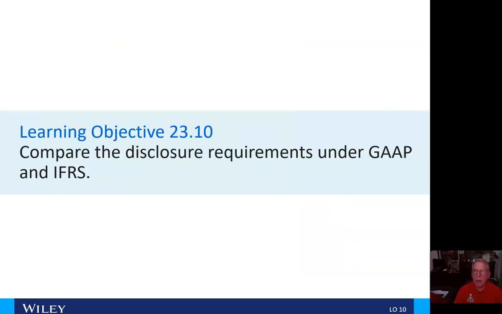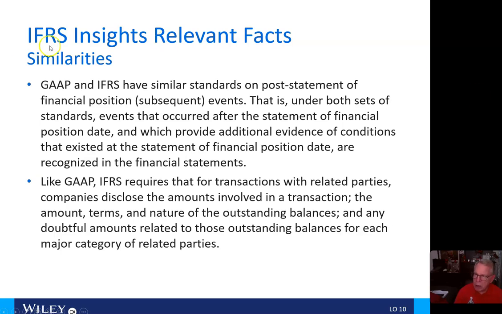All right, let's take a look at comparing disclosure requirements under GAAP and IFRS. Here, similarities are that GAAP and IFRS have similar standards on post-statement of financial position, subsequent events. That is, under both sets of standards, events that occurred after the statement of financial position date and which provide additional evidence of conditions that existed at the statement of financial position date are recognized in the financial statements.